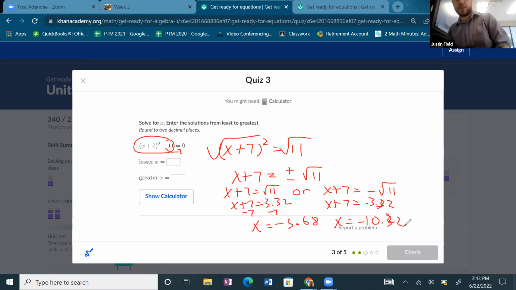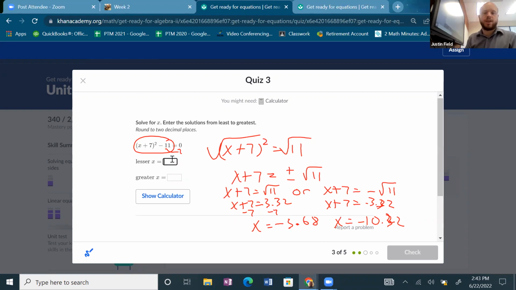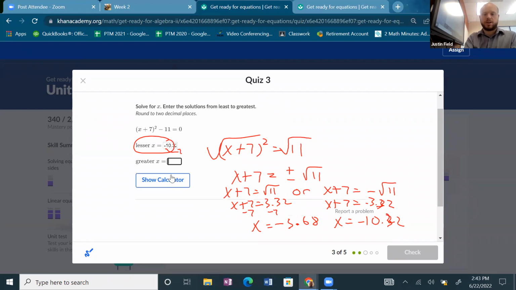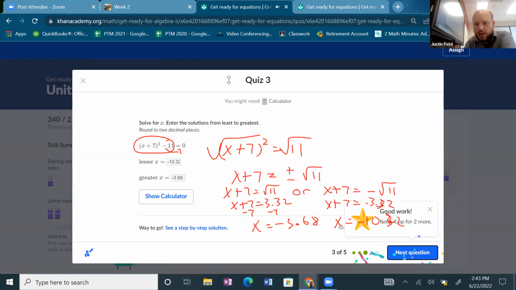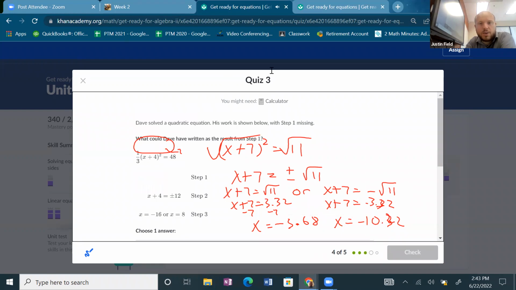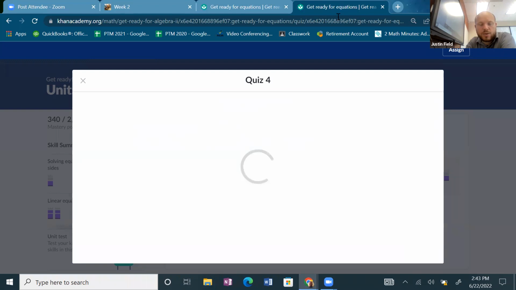All right, so let's try that. So our lesser is negative 10.32, and our greater is negative 3.68. Look at that. Okay. So that's that one. And now let's look at the last one.